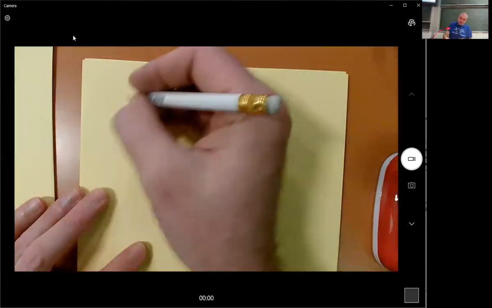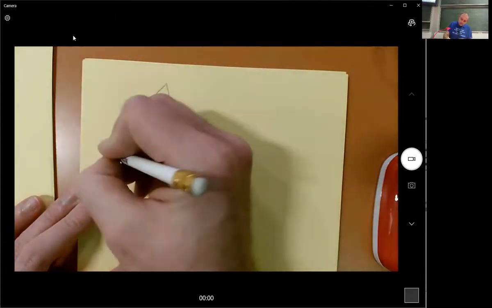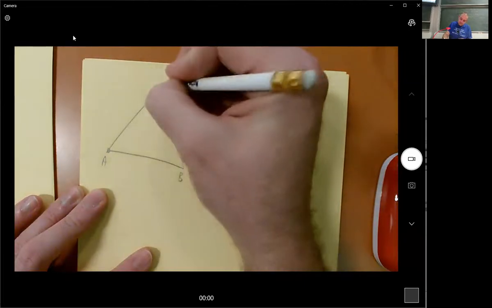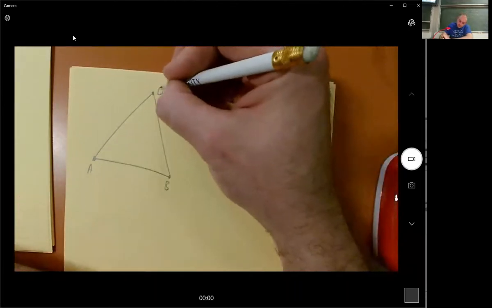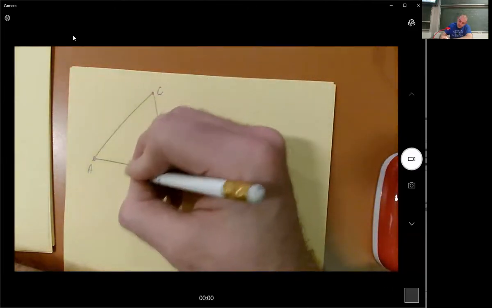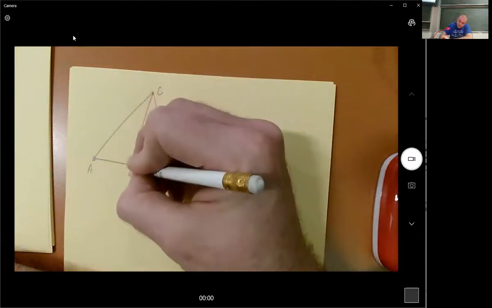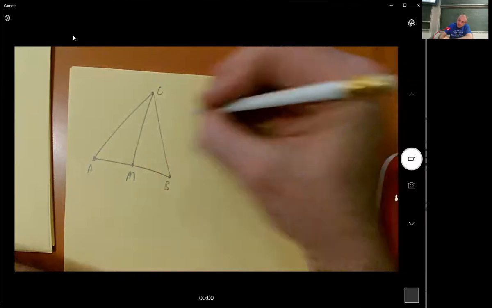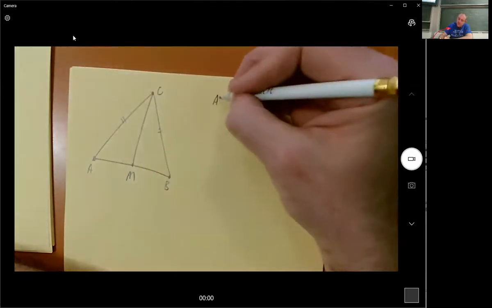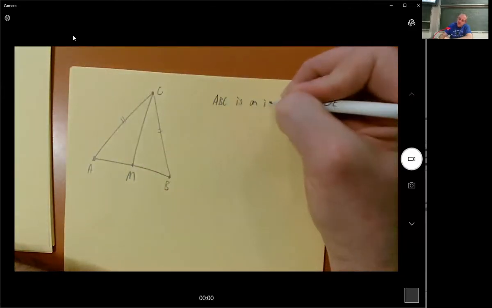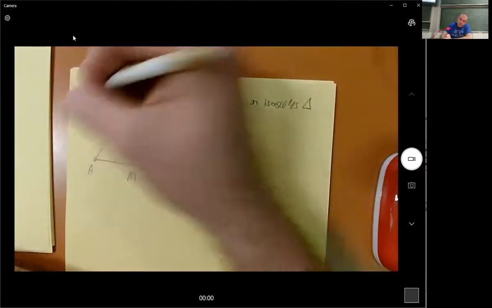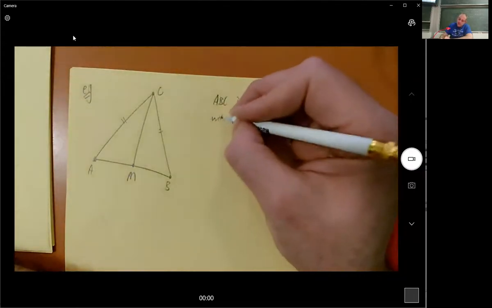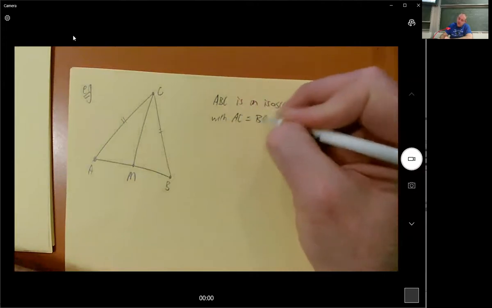Let's do a little vector proof, okay? Okay, so ABC is an isosceles triangle with AC equals BC.